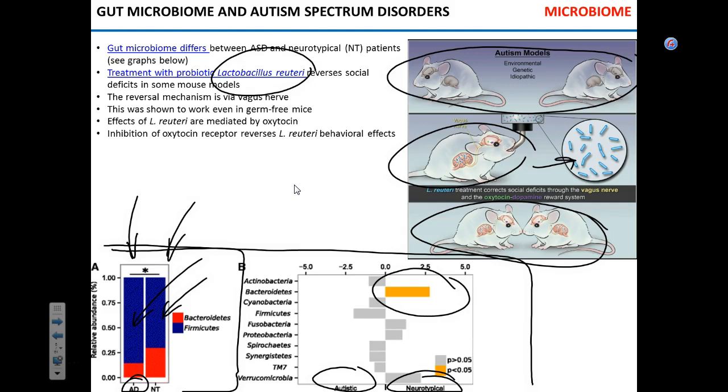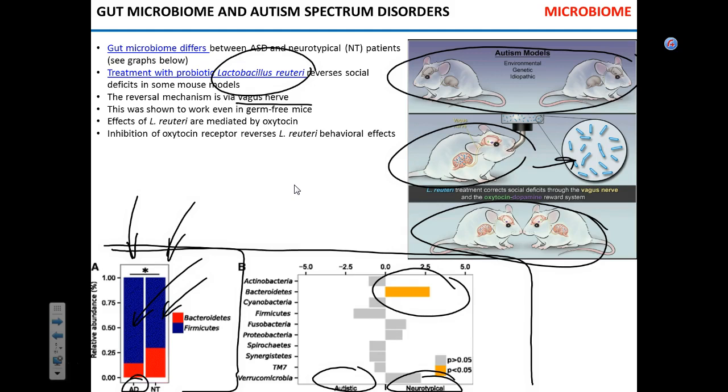No, seriously, it reduced the asocial behavior, made mice more social in different independent models. That would be cool by itself, but they also showed that first, it's mediated by the vagus nerve. They basically cut the vagus nerve in mice and see what happens. If you cut the vagus nerve, there's no response.